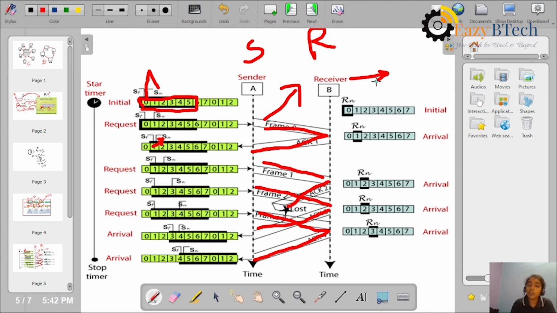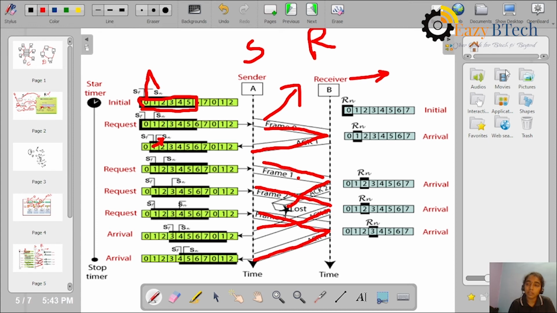Whenever a particular frame, say frame 1, is corrupt and not received by the receiver, the subsequent frames from the starting onwards will be sent again. This is the process of Go Back N.